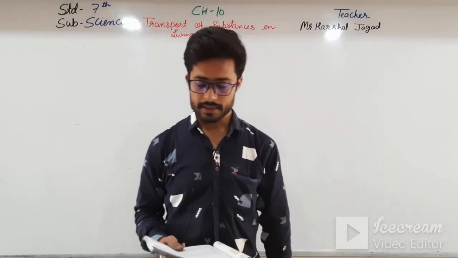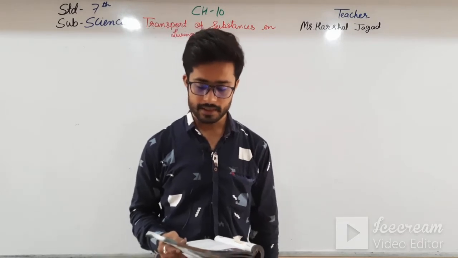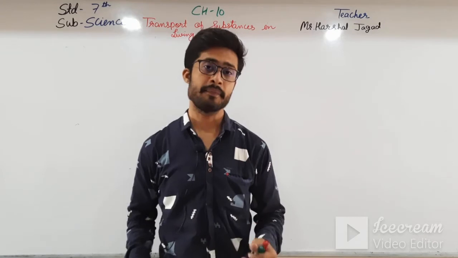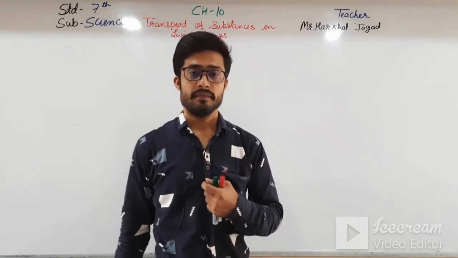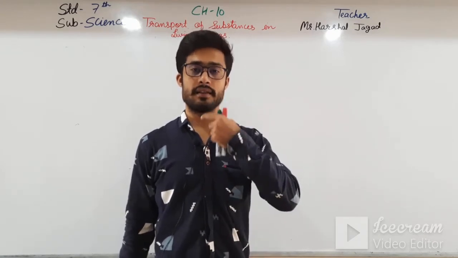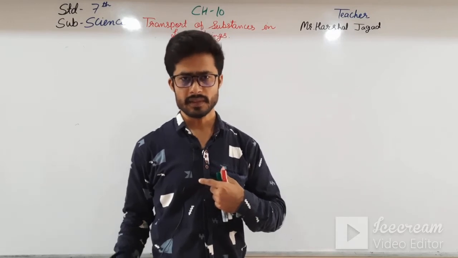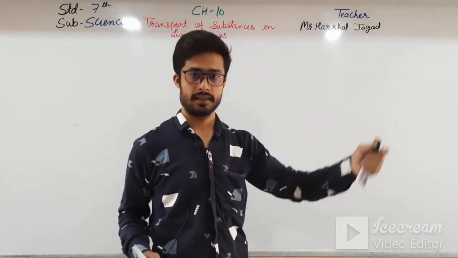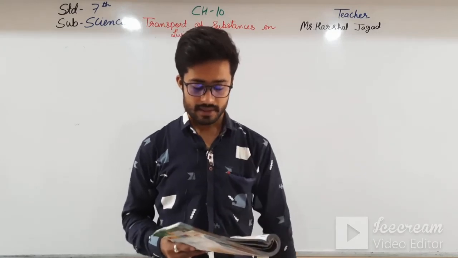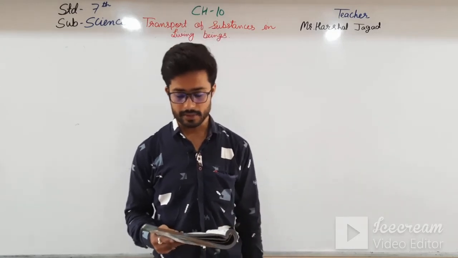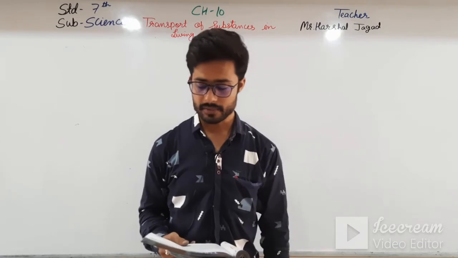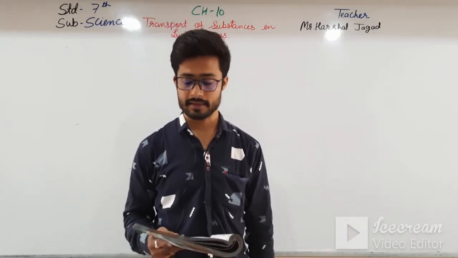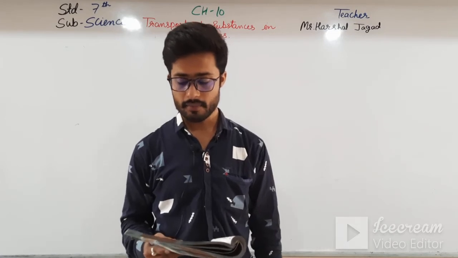Oxygen absorbed by the lungs needs to reach different body cells for respiration to occur. Means we just breathe. We take oxygen and it goes to the lungs and is to be transported to all the body parts. Okay. Then different minerals need to be transported to different parts of the body for their proper functioning and for carrying out various chemical reactions within the body.